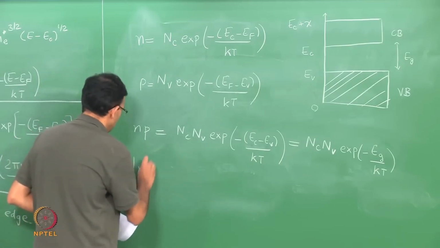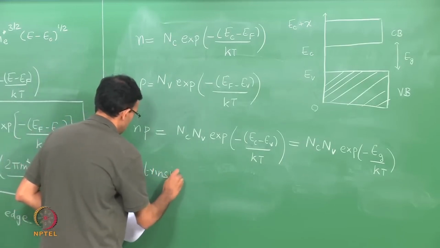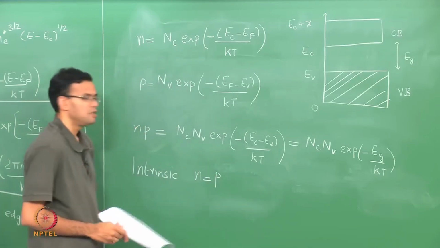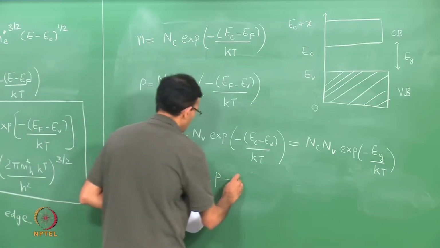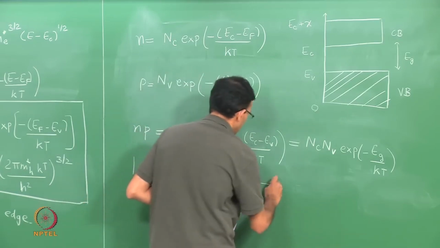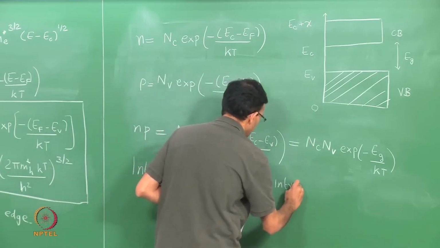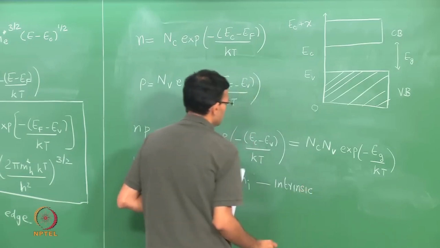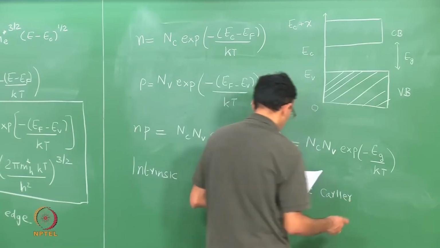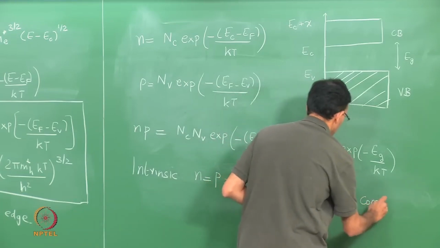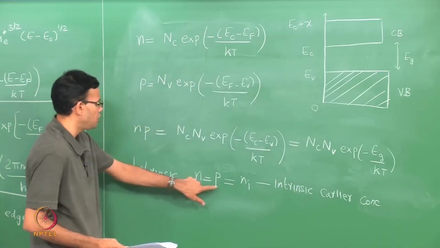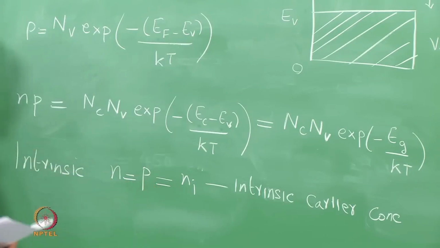So, in the case of intrinsic semiconductors, n, which is the concentration of electrons, is equal to p, which is the concentration of holes, and this is usually denoted as ni. ni is called the intrinsic carrier concentration.